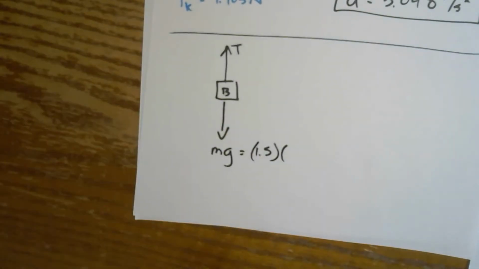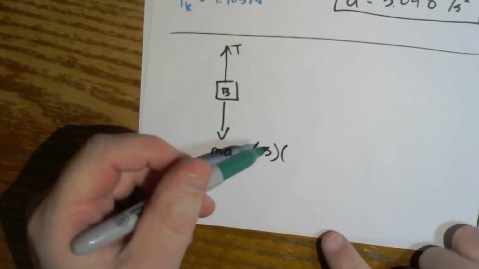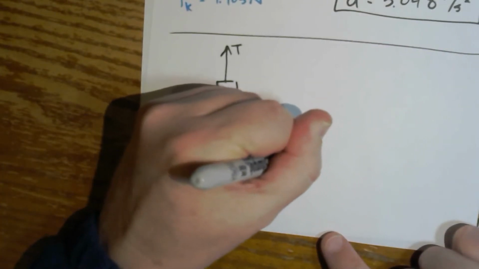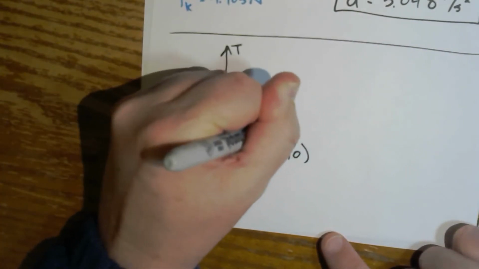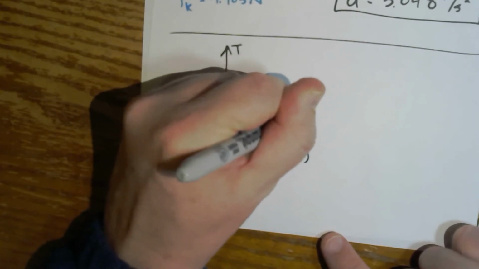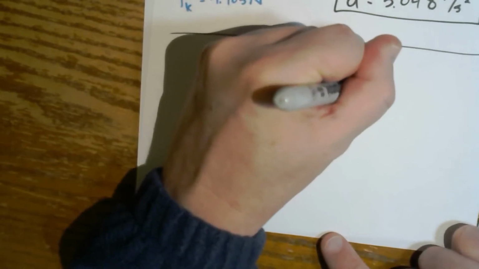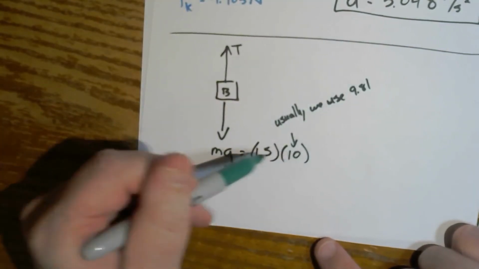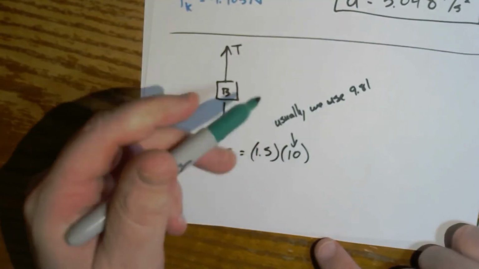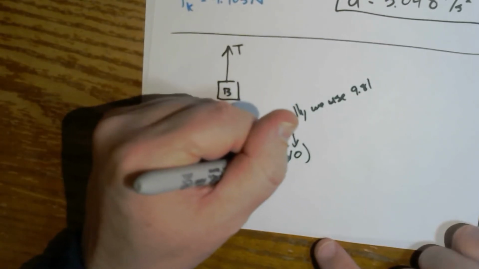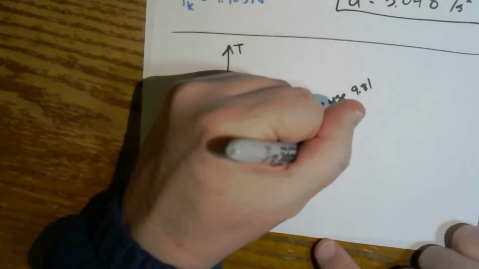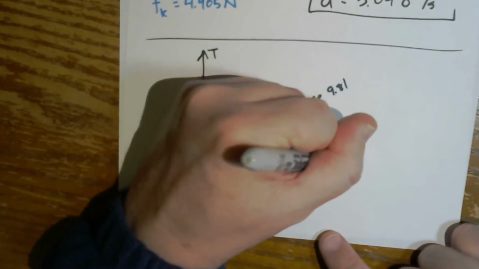Well, in a lot of these older style questions, they didn't use 9.81. They just assumed that g was 10, whereas usually we use 9.81, and that's fine. But look what it is if we did happen to use 10 as our acceleration due to gravity. Well, 10 times 1.5 is 15 newtons.